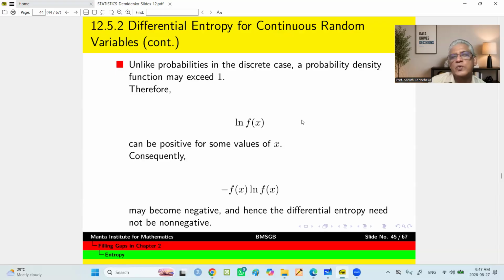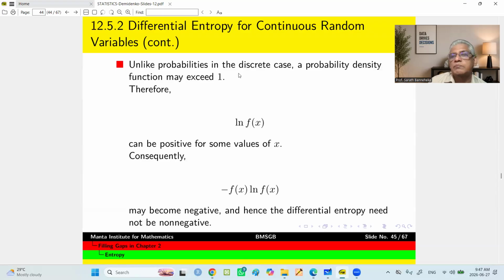That's why log pi was negative. That's why the entropy was always positive, because entropy is equal to negative summation of pi times log pi. But in this case, the density is always greater than or equal to 0, but it can be less than 1 or greater than 1. If it is less than 1, in that case, log f will be negative.